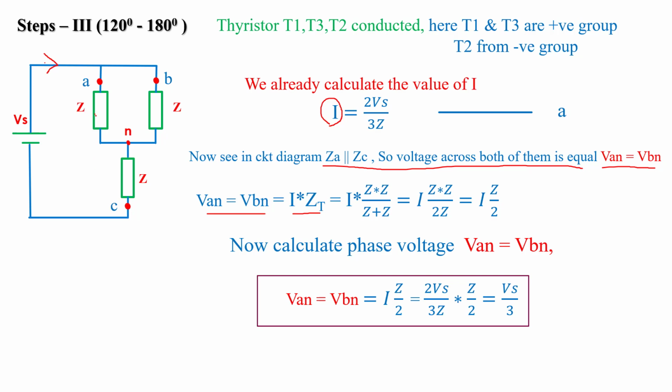These two impedances are in parallel, so the parallel impedance is Z multiplied by Z divided by Z plus Z, which is Z by 2. Now we know that the value of I equals 2Vs by 3Z. So we put the value of I: 2Vs by 3Z multiplied by Z by 2. The 2 cancels, the Z cancels, and we get Vs by 3. So this is the value of VAN or VBN.